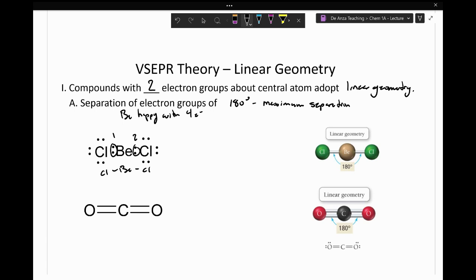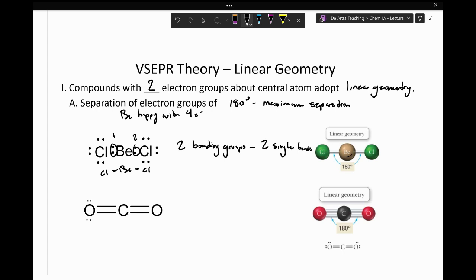It doesn't have any lone pairs, so we'd say that this has 2 bonding groups, and those 2 bonding groups are specifically 2 single bonds. The way that beryllium chloride looks is we have beryllium in the center, we have 2 chlorines flanking it, and those 2 chlorines are separated by 180 degrees.